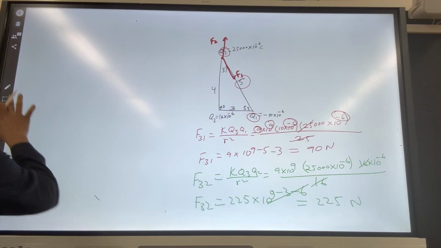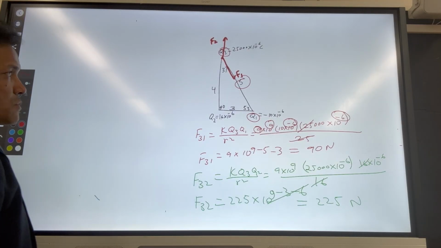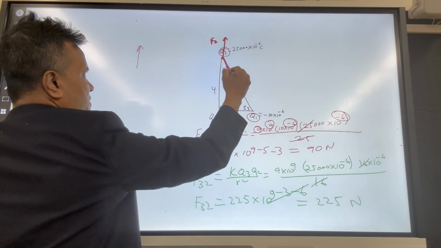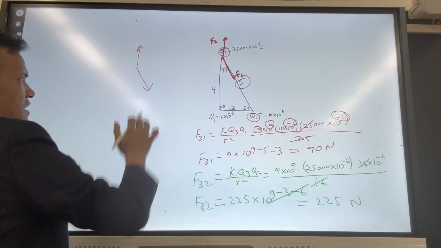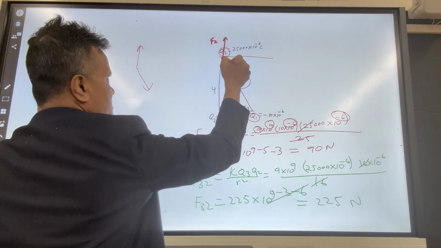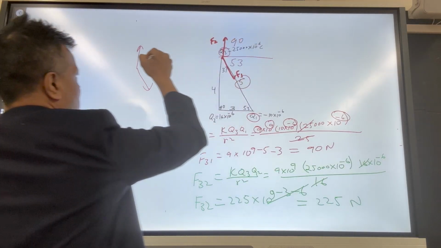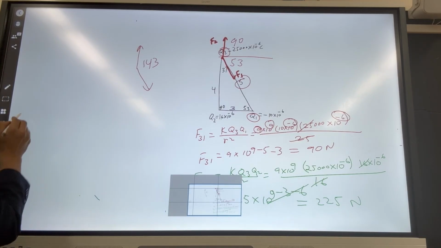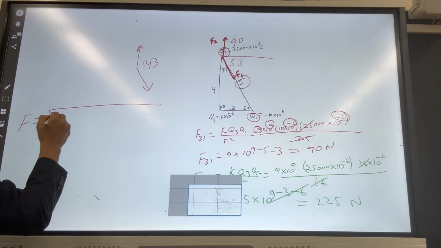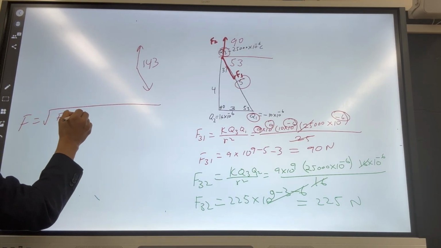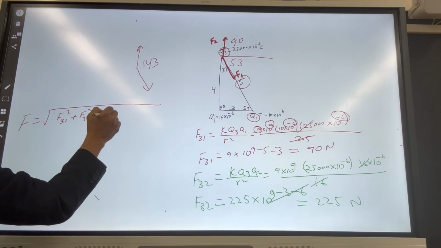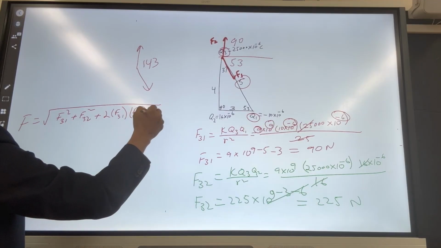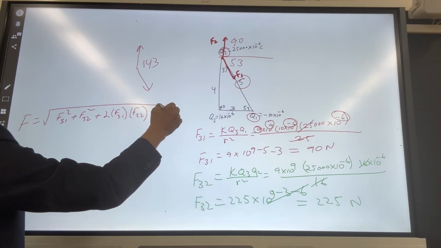All right. We can use only one way, because I showed you multiple ways before, so you know how to do that. If this is 37, this is 53, and this is 90, then this is 143. So you're going to use the law of parallelogram. We are finding F, which is the square root of F31 squared plus F32 squared plus 2 F31 F32 cosine 143.